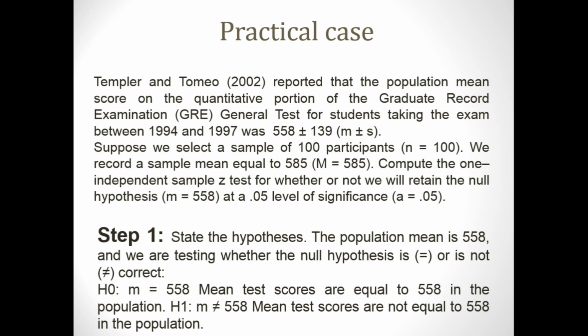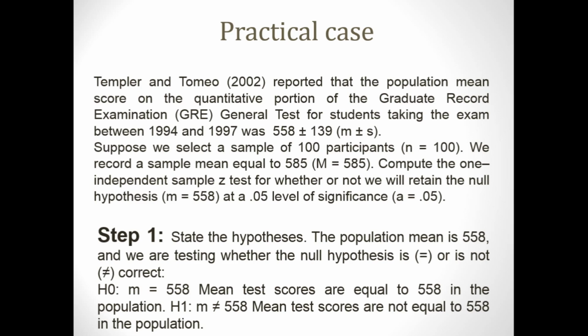So we compute a one independent sample test for whether or not we will retain the null hypothesis, mu equal 558, at a 5% significance level. Step one, as we showed earlier, is to state the hypothesis. The population mean is 558, and we are testing whether or not it is equal.